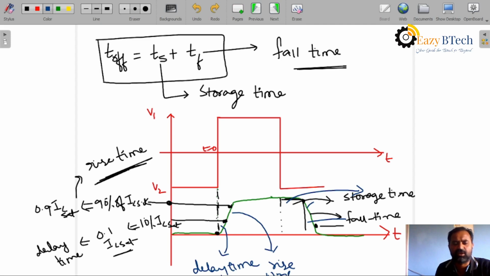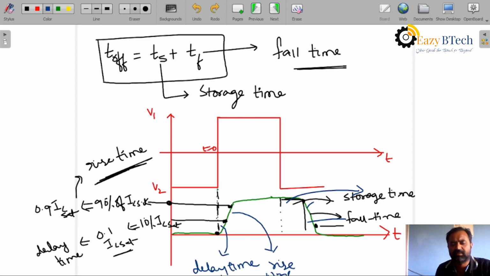When you apply a reverse bias, the resultant sum of the minority charge carriers on either side of the junction must be 0. That time is the storage time.